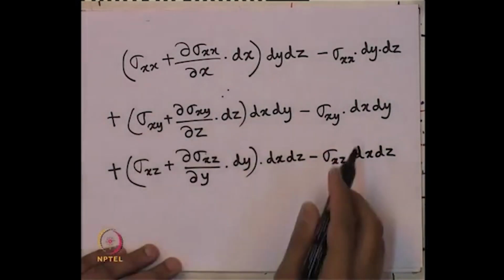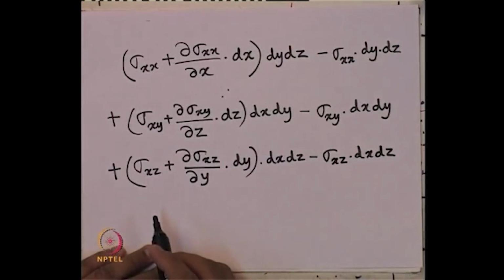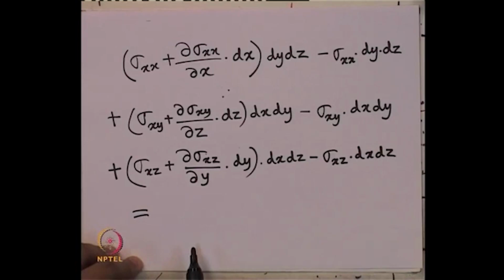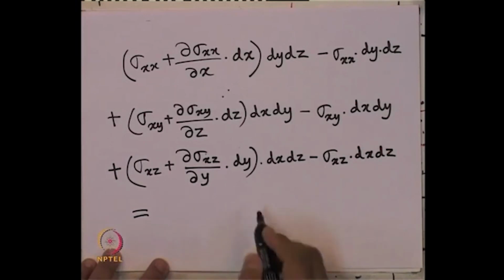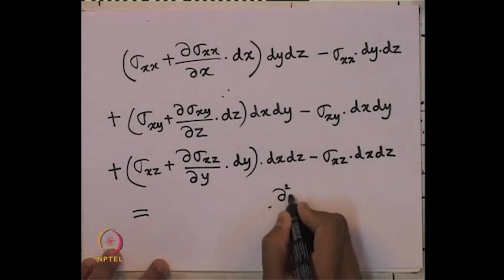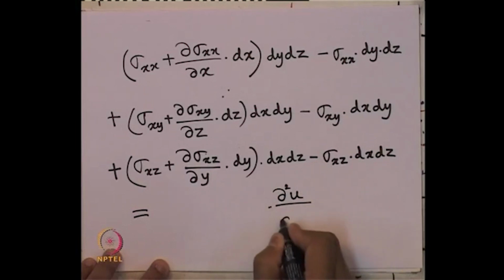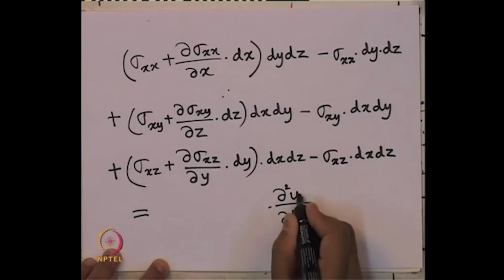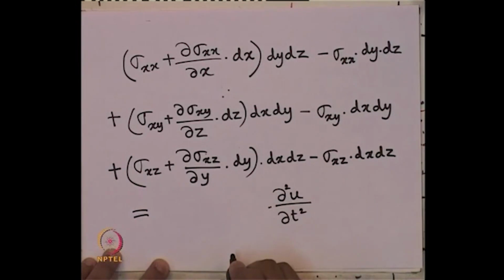Now, this net force which we are getting should be equal to the inertia in x direction. What should the inertia be? Mass times acceleration. Now, what is acceleration in x direction? If you differentiate displacement twice with respect to time, displacement in x direction is u, we have already mentioned.